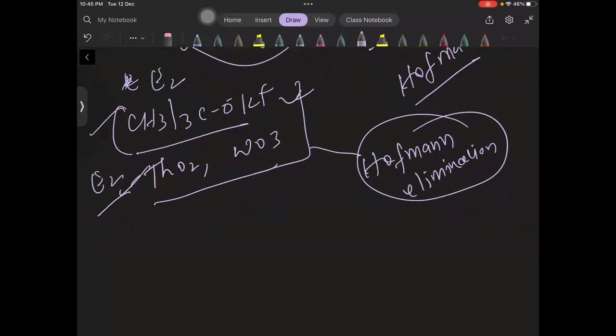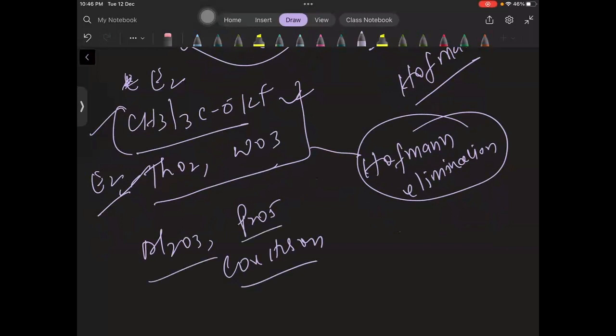Now, students, we talk about Al2O3 and phosphorus pentoxide, even conc. H2SO4, if you have a 2 degree or 3 degree. Al2O3 and P2O5 will favor E2 and Saytzeff elimination.